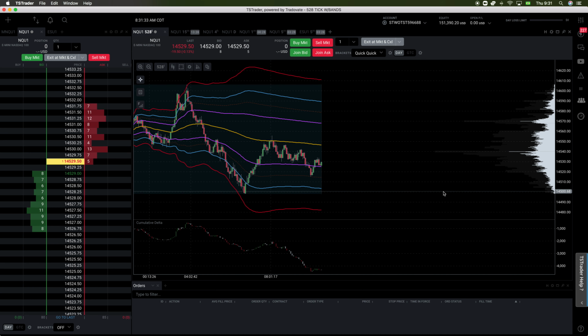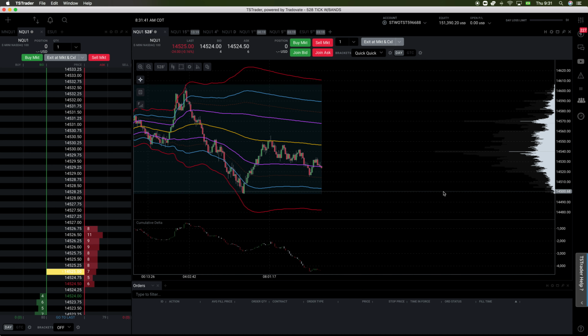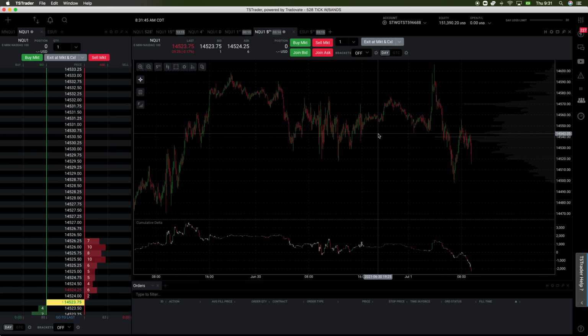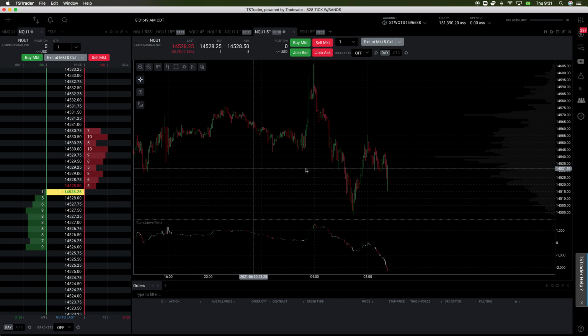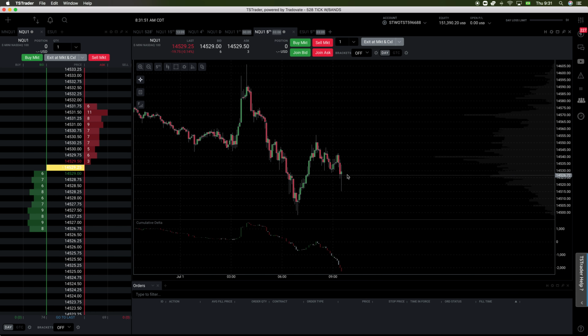We still have about 3 minutes and 20 seconds until this first 5-minute candle opens on the Nasdaq. If we just look here, sellers are still quite in control on Delta, creating quite a bit of indecision with this first 5-minute candle.